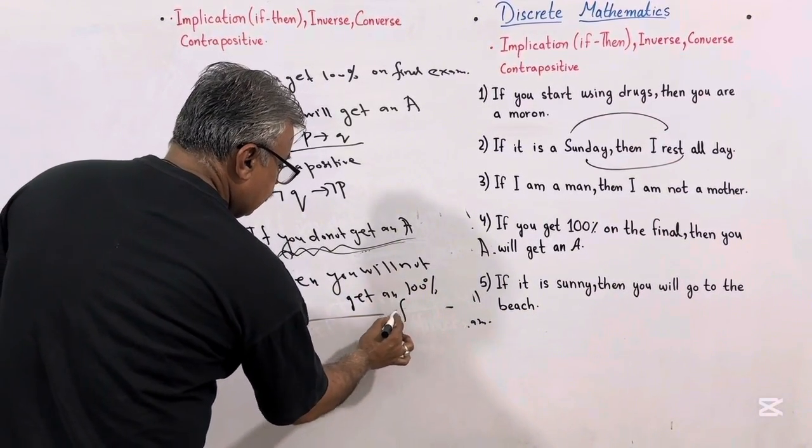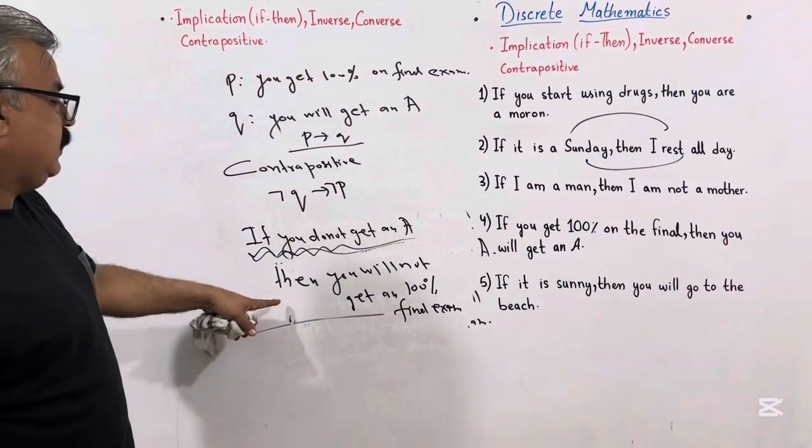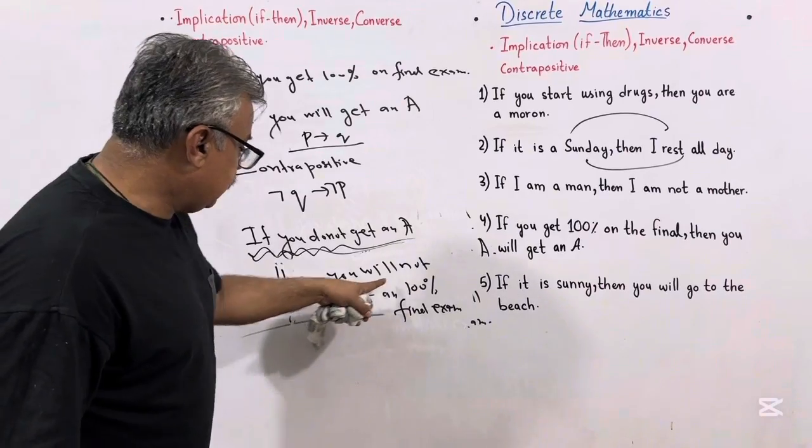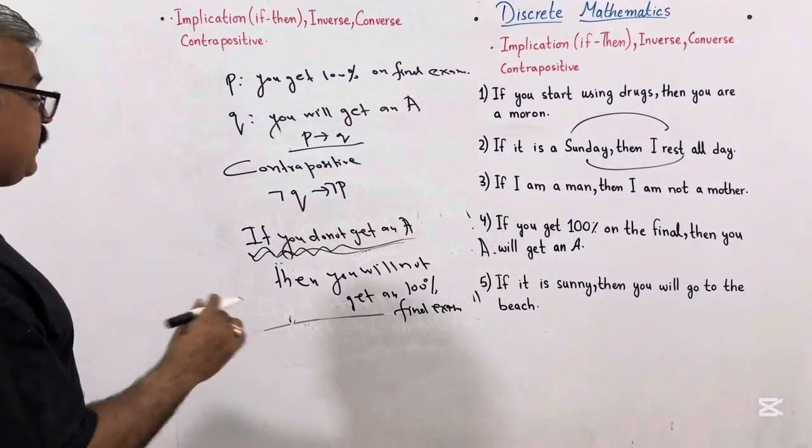Or you can write, if you do not get... "will not" suits more. If you do not get an A, then you will not get 100% on the final exam. Or you can write "you do not get", but "you will not get" is more suitable from the grammatical point of view.